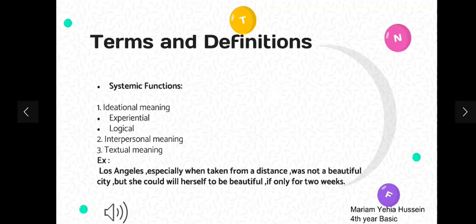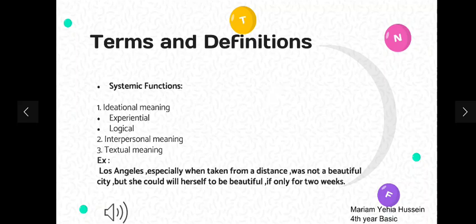What are these functions? So we extract the ideational meaning. We know if it's experiential or logical, or we know the adequacy in the interpersonal meaning or the textual meaning, by adding the sentence into context for more information.